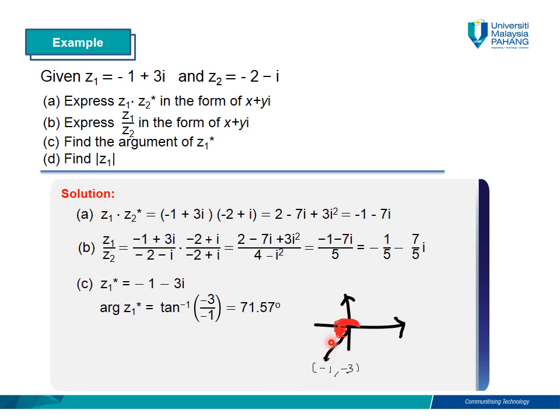Okay, so -1 and -3 is in the third quadrant. So that means 180 plus this theta. Okay, so you get 71.85 degrees plus 180 degrees, then we get 251.57 degrees. Okay, the last one, find the modulus of z1.